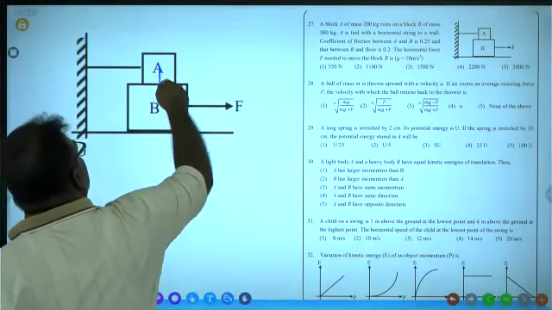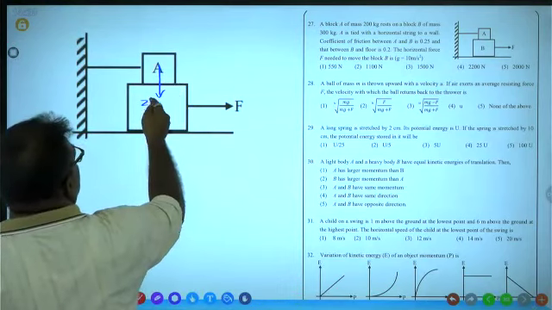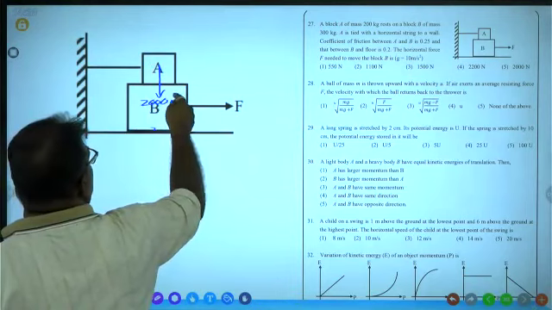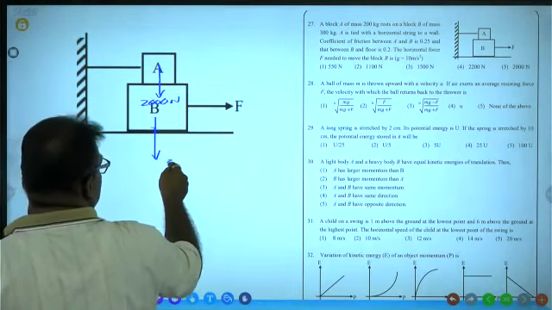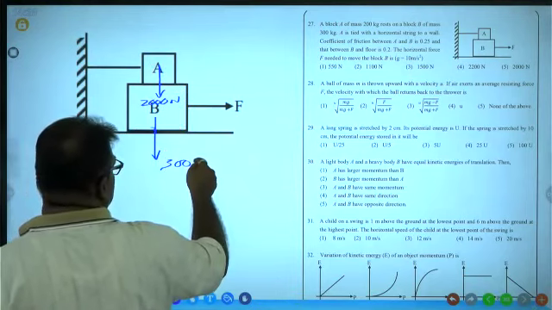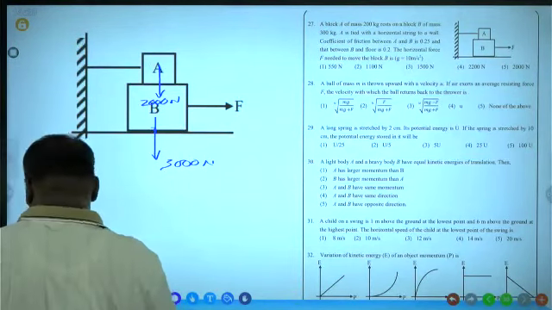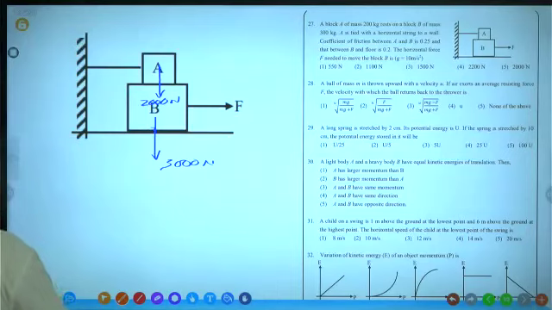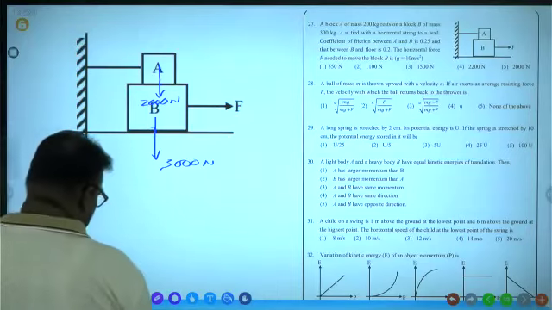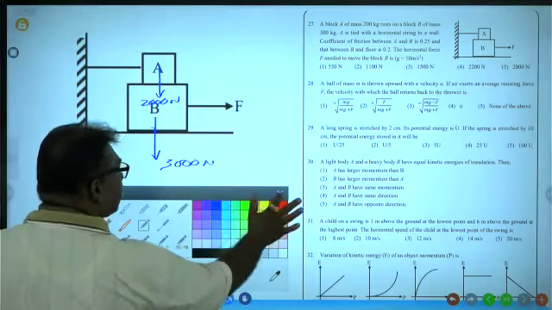The weight of this one is 2000 Newton. The weight of this one is 3000 Newton. Coefficient of friction between A and B is 0.25.